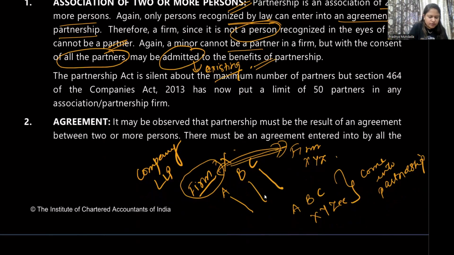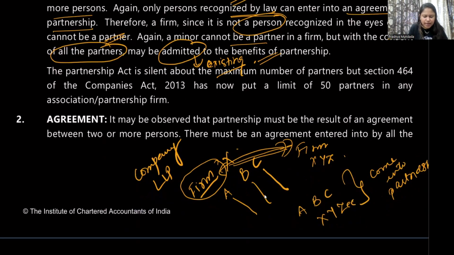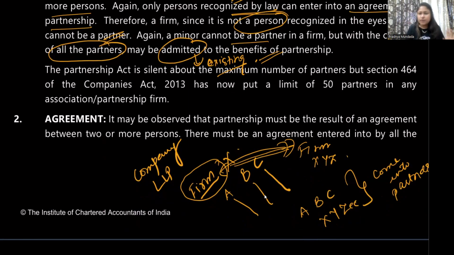Then, the Partnership Act is silent about the maximum number of partners. This Act does not tell you how many partners. But the Companies Act 2013 discusses it. If there is an association of persons doing business, and the number of people is more than 50, then you have to compulsorily convert into a company, either private or public.